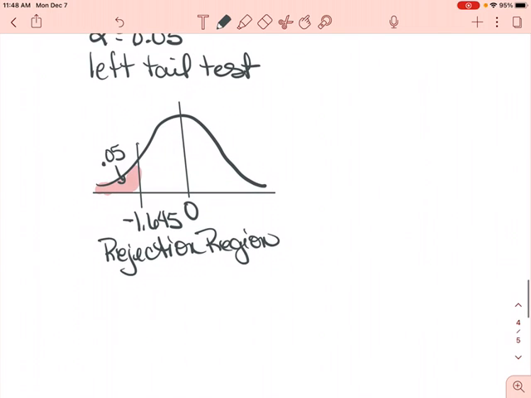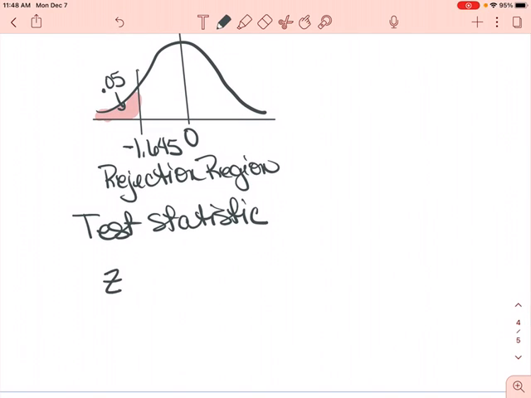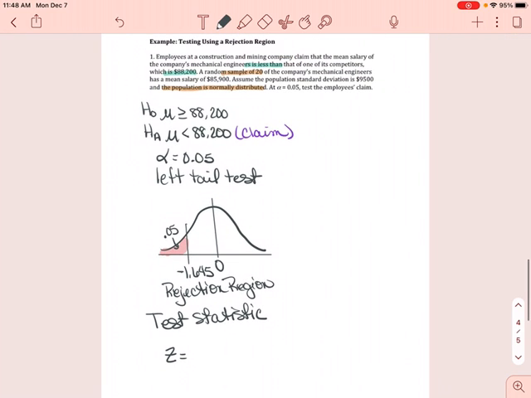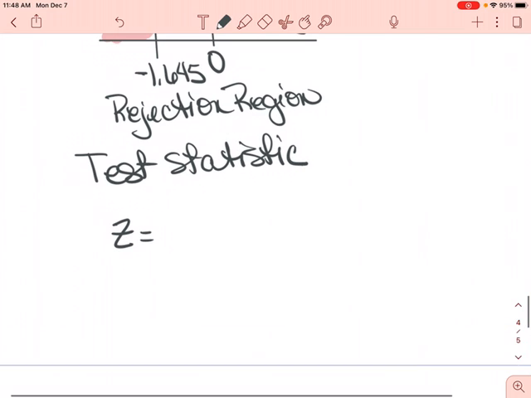Okay, all right, so let's do our test statistic. And we have a sample mean of 85,900.